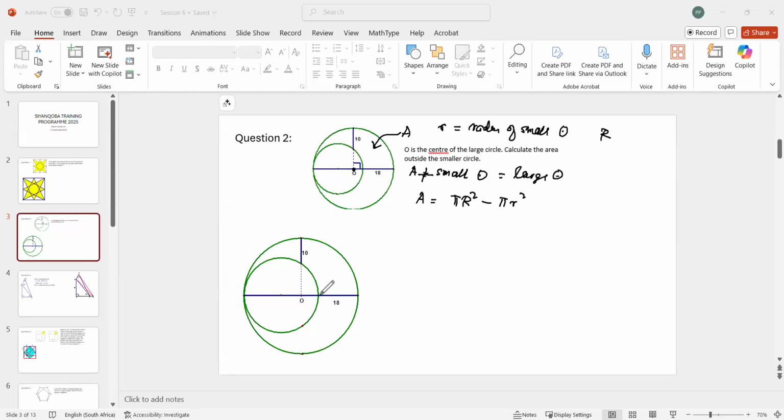We want to use this small piece here, 18. Let's look at that 18. I can see that the small circle has its center along this line here. So if I add 18 to the diameter of the small circle, I'm going to get the diameter of the large circle.